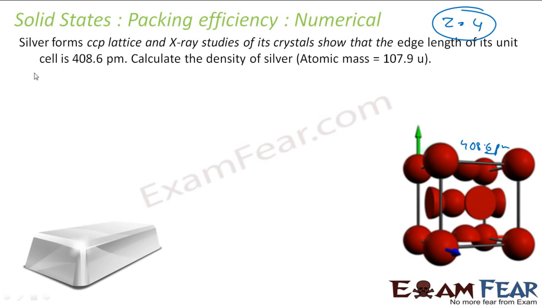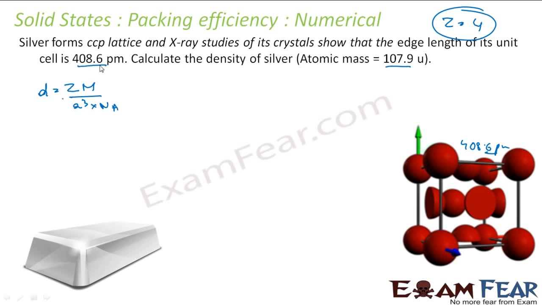Now I have to find the density of silver. For density, we have this formula: density is equal to Z M by A cube into Na. So let's see if I have all the values. Z I know, 4. M is the molar mass. We know the atomic mass is 107.9. A is the length.